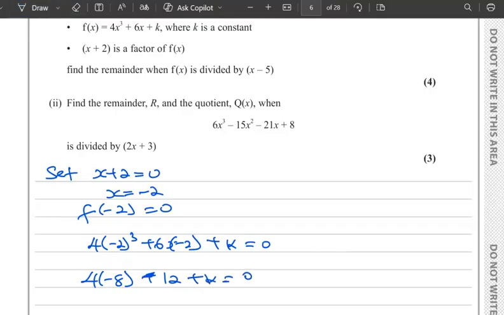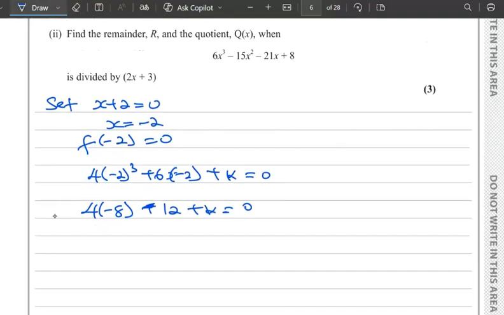So that means we'll have -32 minus 12 plus k is 0, and -44 plus k equals to 0, and therefore k in this case equals to positive 44.